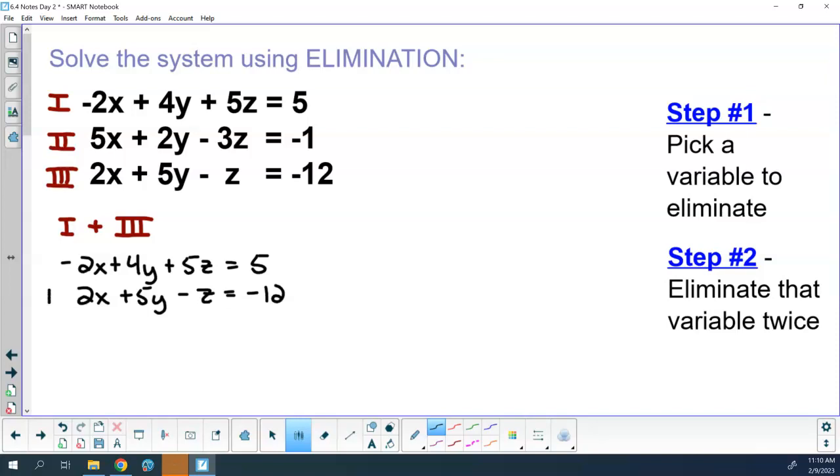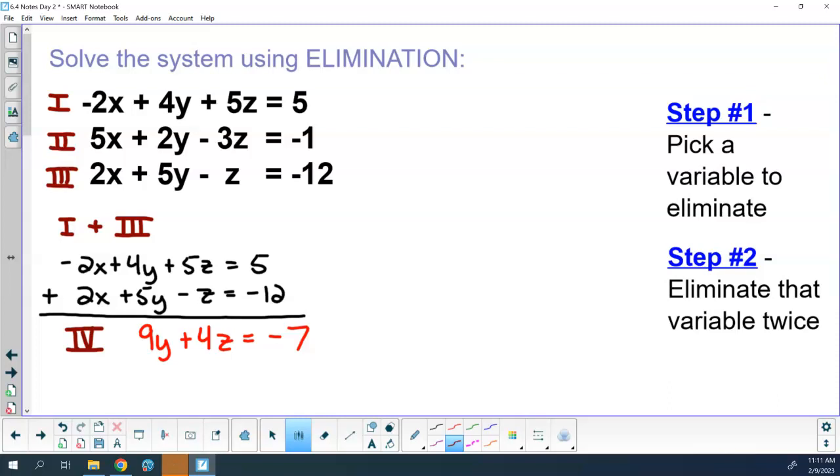And I add those two equations together, and that's going to give me the x's get eliminated, 9y plus 4z equals negative 7. And I'm going to label that equation number 4.